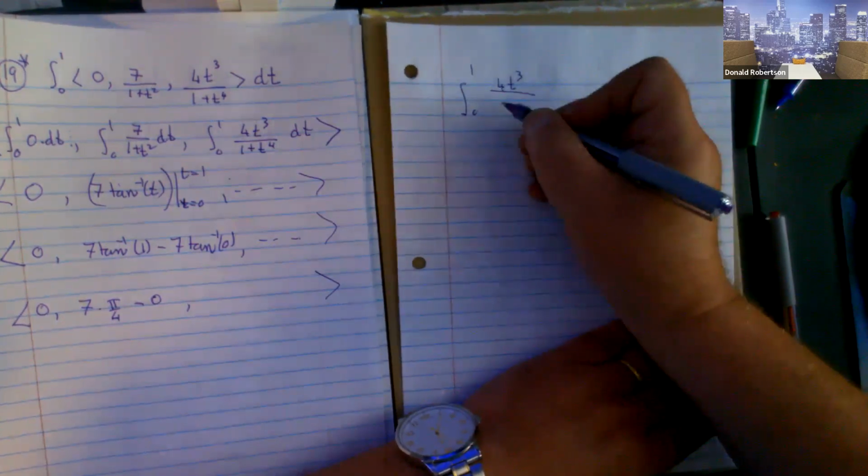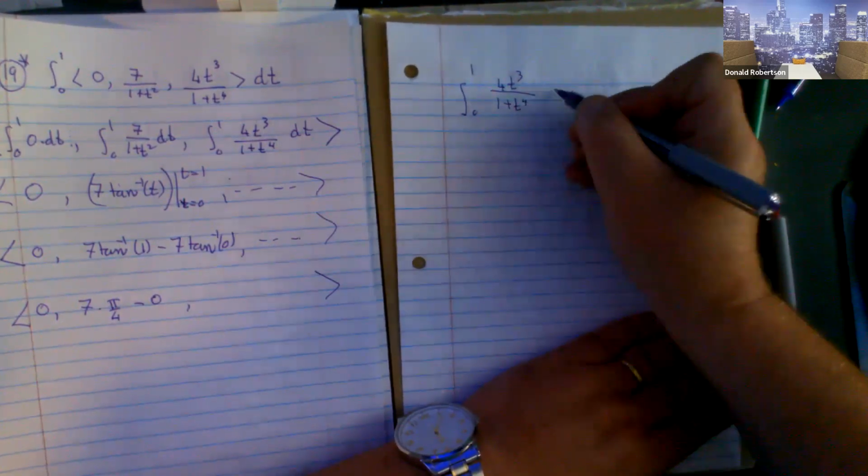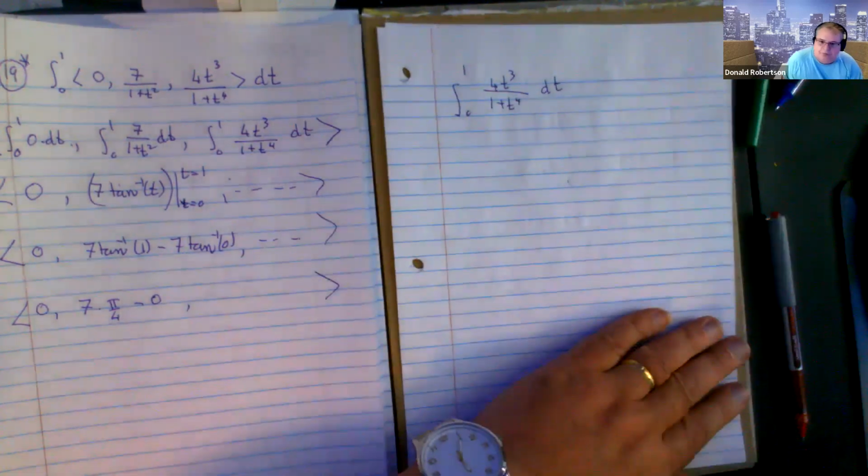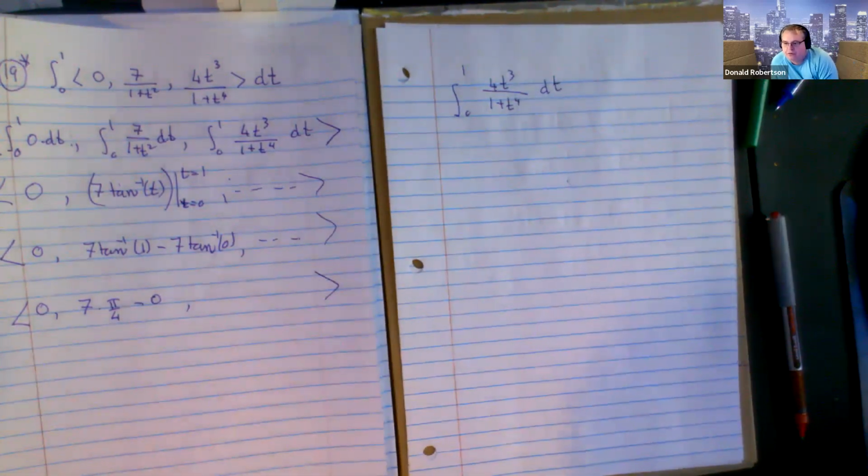Okay. So when you see something that's complicated, you probably want to think of what method would I use? What method would we use to integrate this?